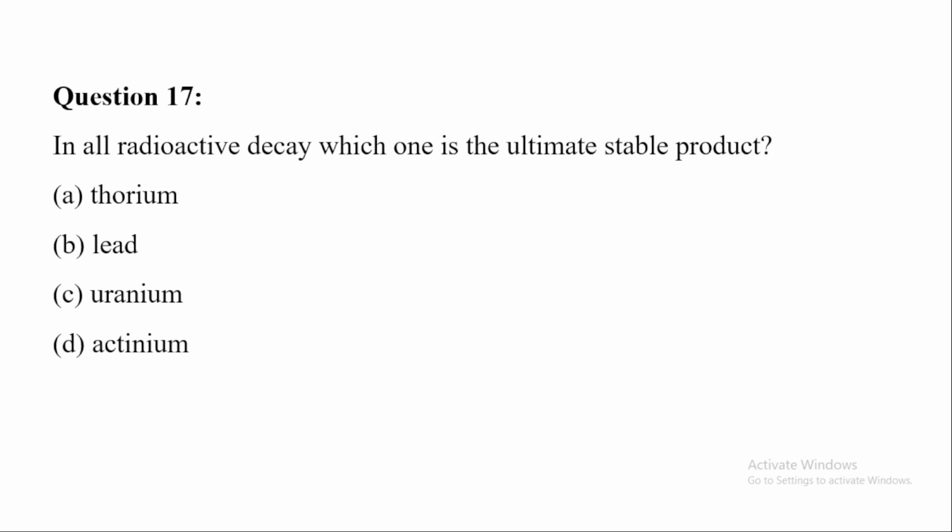So what did I tell you? How do we define stability? After what atomic number do the nuclei become unstable? I have told you now. What was the atomic number value after which the nuclei become unstable?